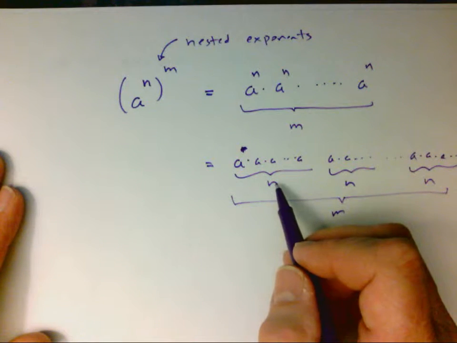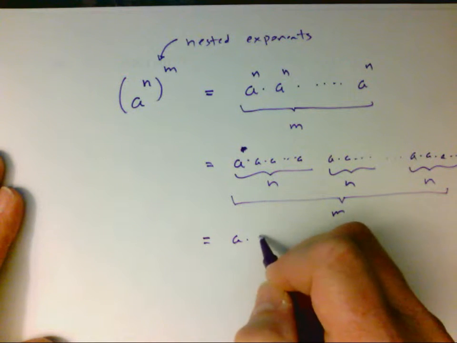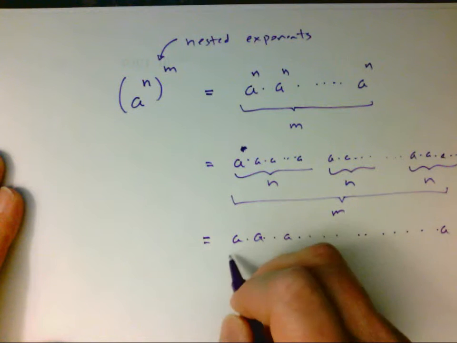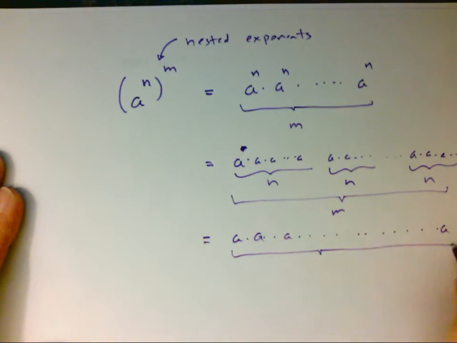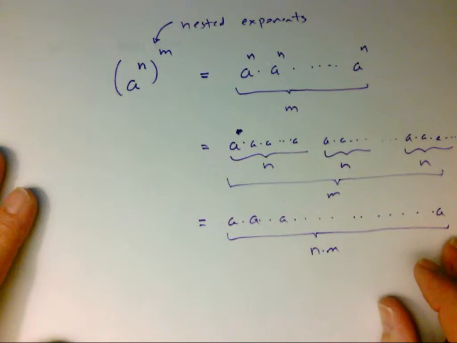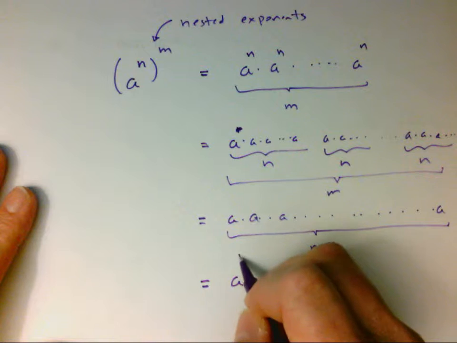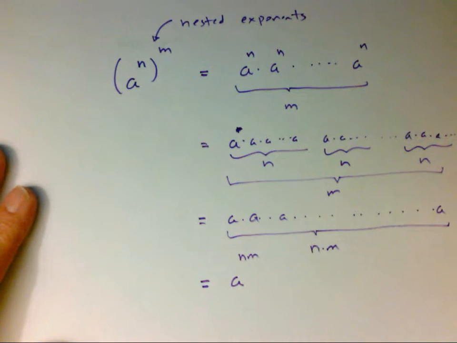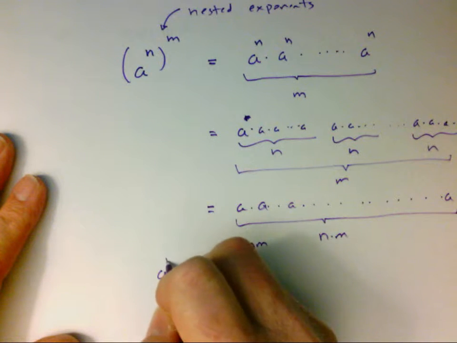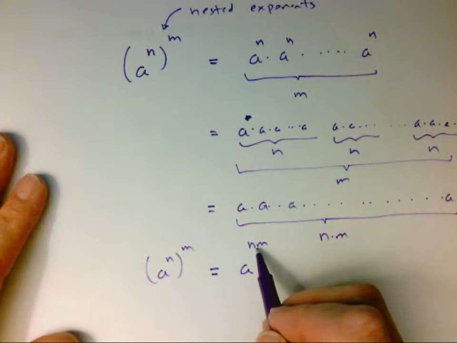Each box contains n objects. So you really have a times yada, yada, yada, yada. You have, all told, n times m factors. So a way to simplify this is simply multiply the nested exponents. So a to the n, all to the m. Multiply the two nested exponents.